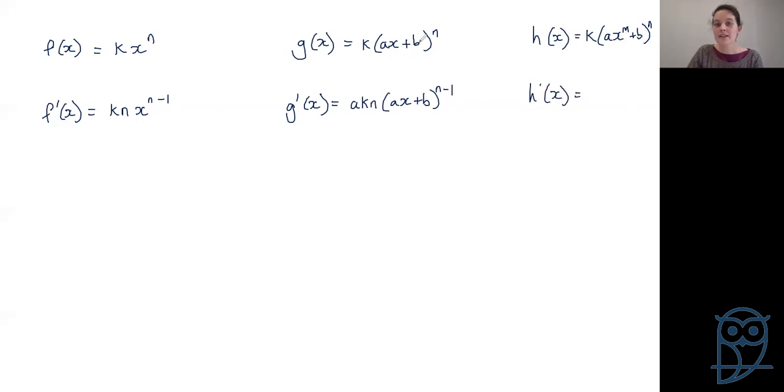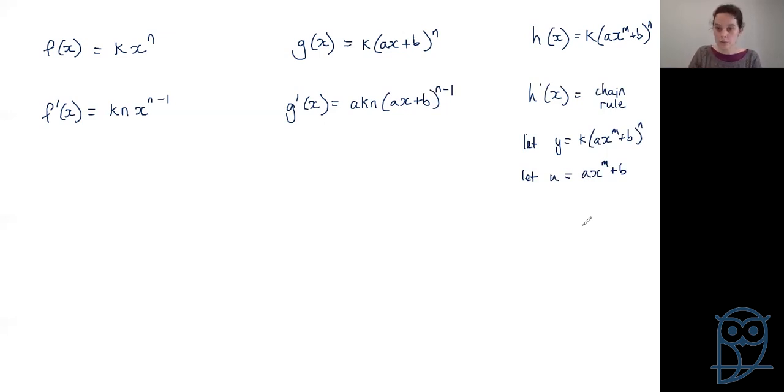This is not linear. See, ax plus b, that's x to the 1 over 1, it's a linear core. This is not a linear core, so h dash x is going to be our chain rule. So we would have to say, let y equal k (ax to the m plus b) to the n. Then we would say, let u equal ax to the m plus b, because remember, we always take our core out.